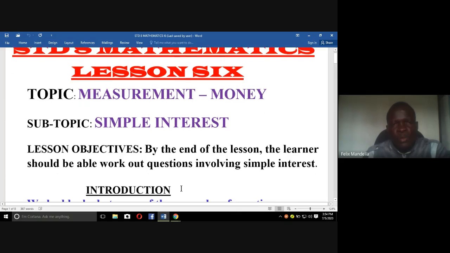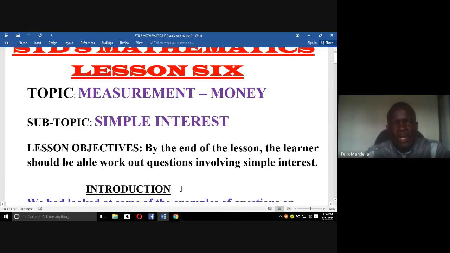And as usual, before we proceed, we have our lesson objectives. Our lesson objective says, by the end of this lesson, the learner should be able to work out questions involving simple interest without any difficulty, because now we are going to look at a bit complicated, a bit different questions from what we had looked at.